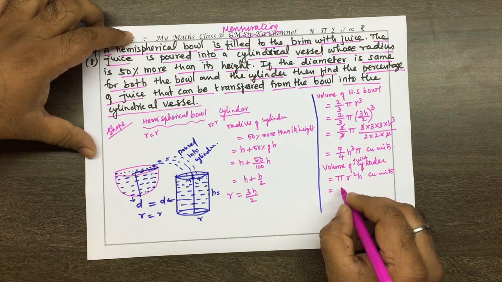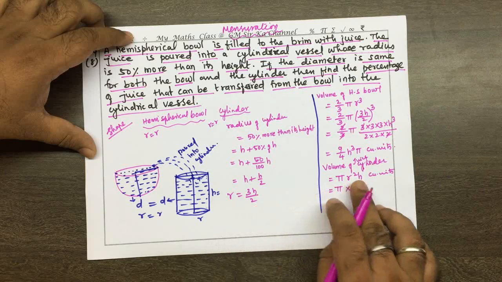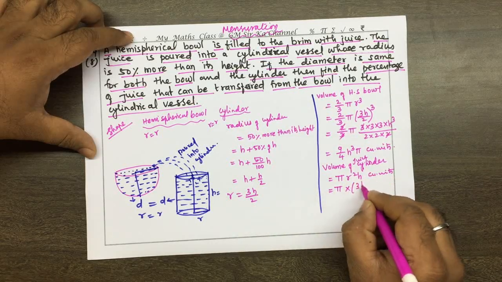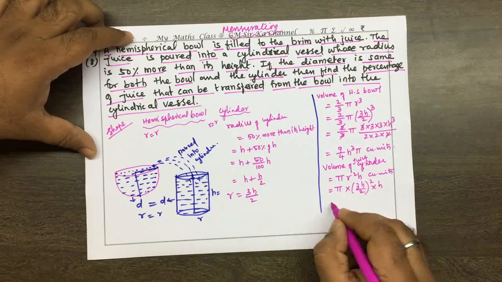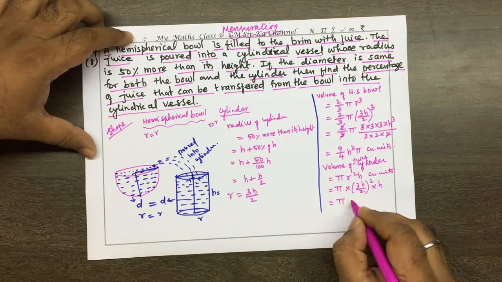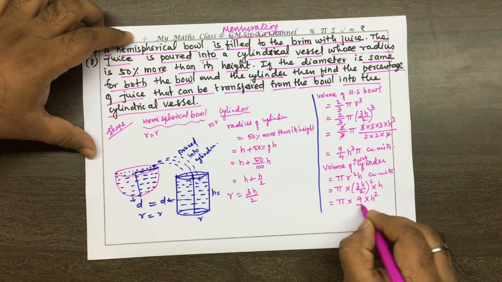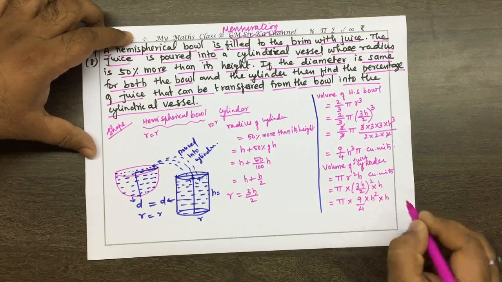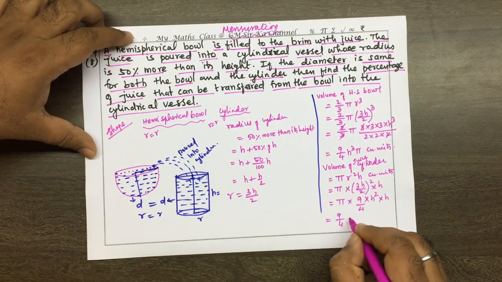So it is pi, r square is 3h by 2 the whole square into h, which is square of 3 is 9, h square by 4 into h, which is 9 by 4 h cube pi cubic units.